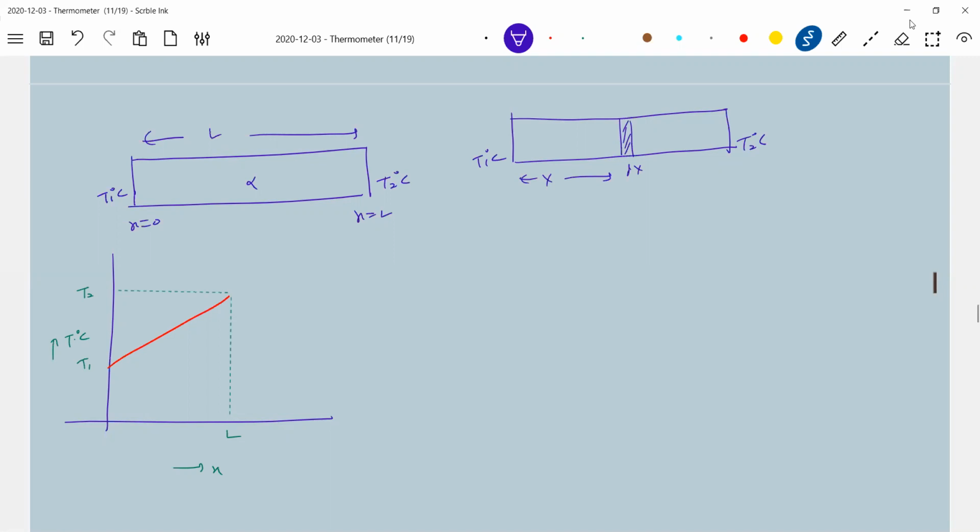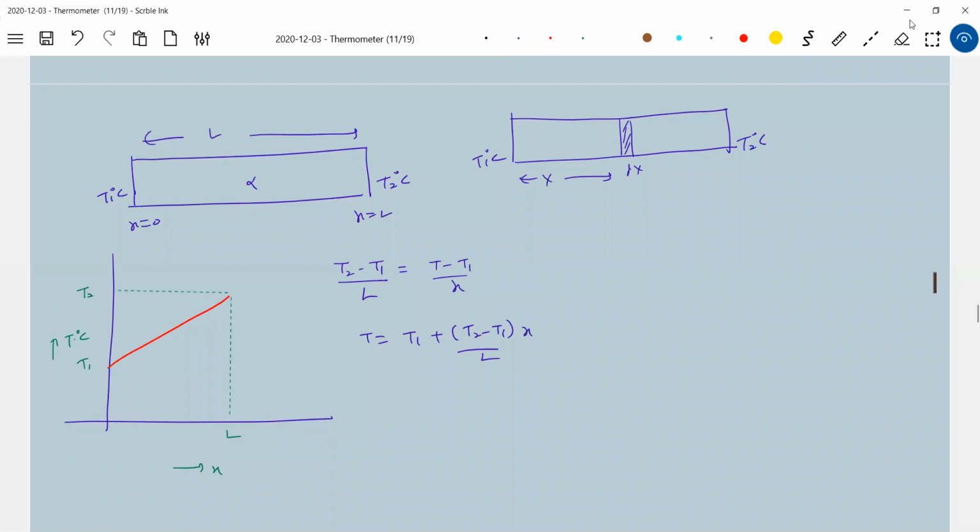I think, shall we use this one? (T2 minus T1) by L should be equal to (T minus T1) by x. So T is equal to T1 plus (T2 minus T1) by L into x.